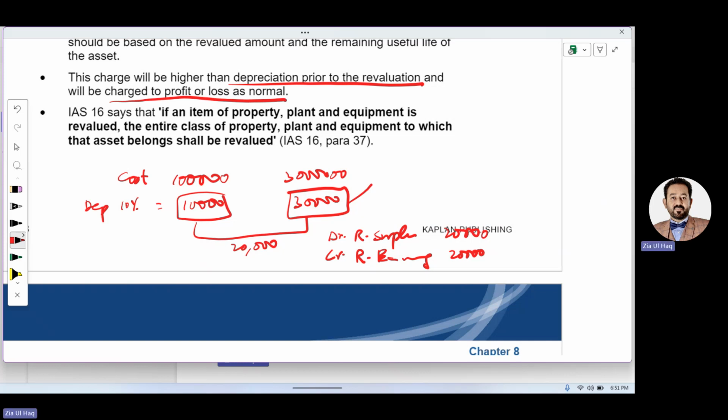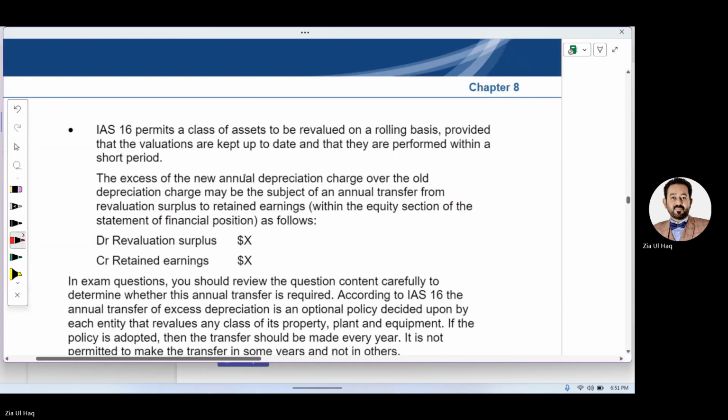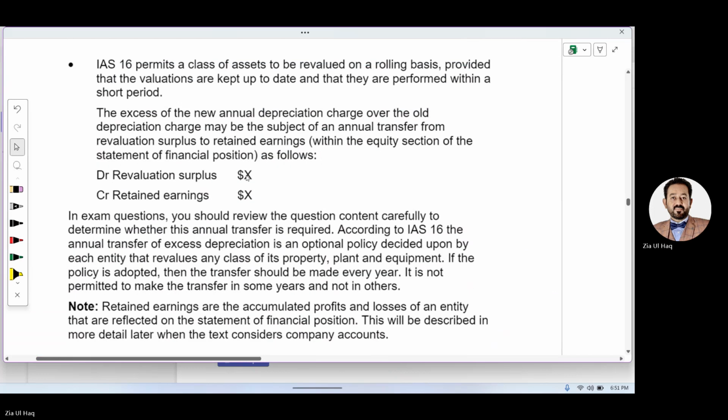IAS 16 says that if an item of property, plant and equipment is revalued, the entire class of property, plant and equipment to which that asset belongs shall be revalued. It permits a class of asset to be revalued on a rolling basis.